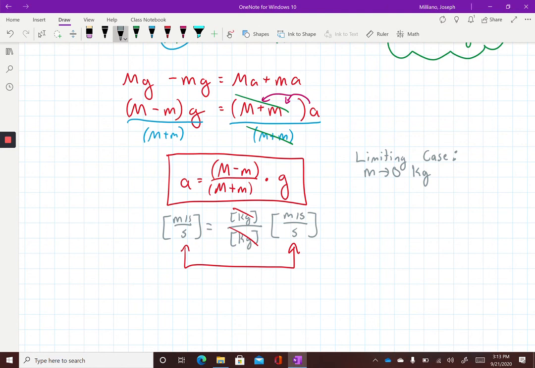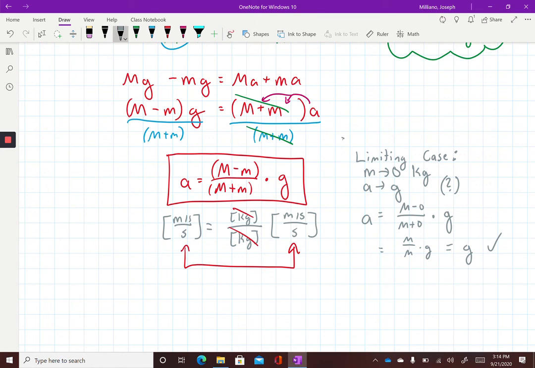And if we do that, then the big mass should just fall with an acceleration of little g. It should have that free fall acceleration. Is that what happens? Well, let's take a look at our equation here. The acceleration in this limiting case would be big M minus 0 over big M plus 0 times little g, which would be equal to big M over big M times little g, which is indeed just little g.